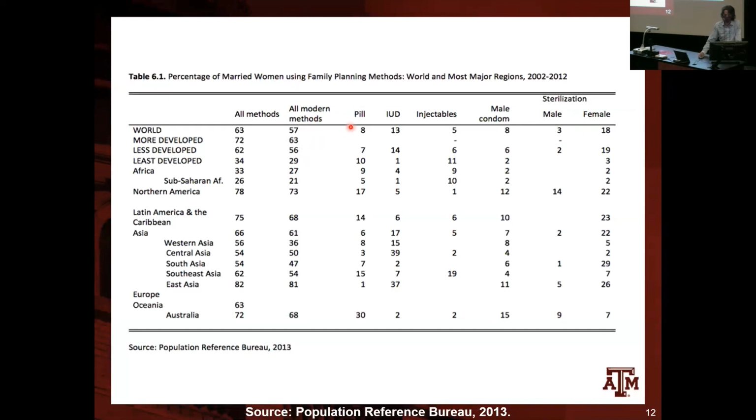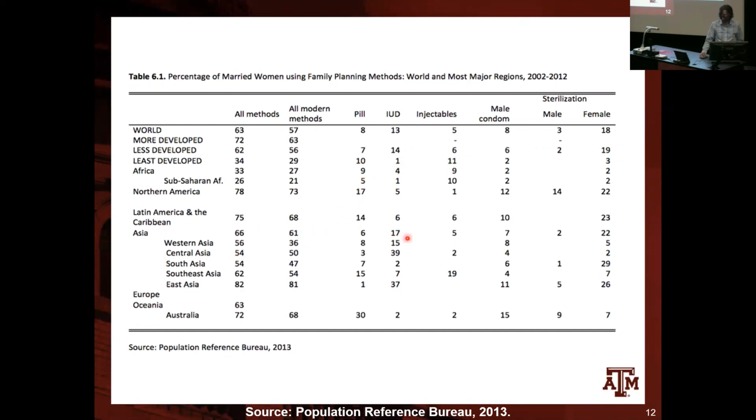Here is an idea of the variations in the types of methods being used. In more developed countries, like I mentioned, we don't have much data here, but in less developed countries there is a higher concentration around IUD and female sterilization. And in the least developed countries, there is a higher percentage of use of pills and injectables.